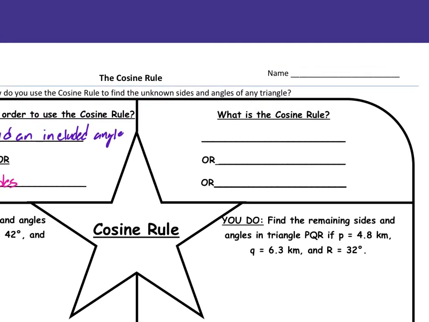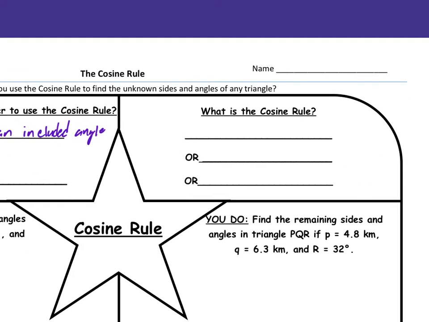And then what is the cosine rule, right, is, let's see, a squared is going to equal b squared plus c squared minus 2 times bc cosine of a.